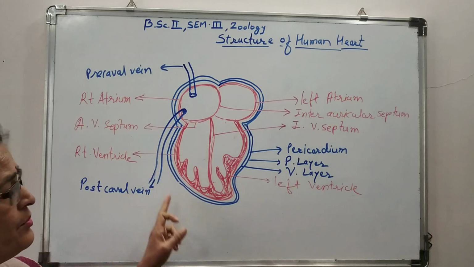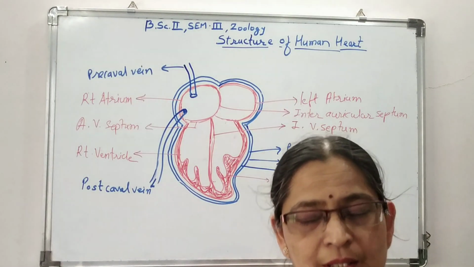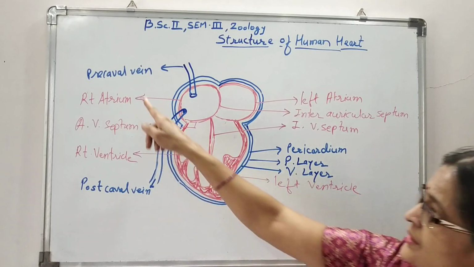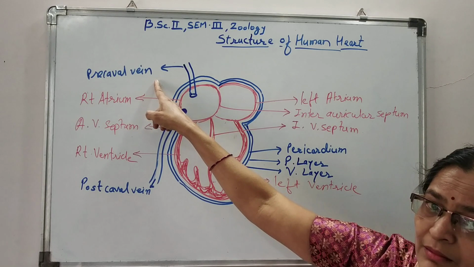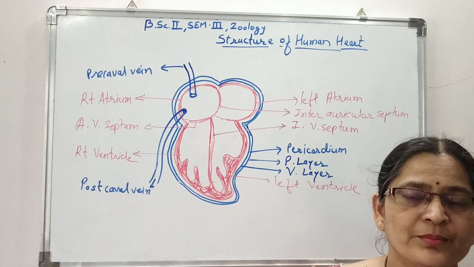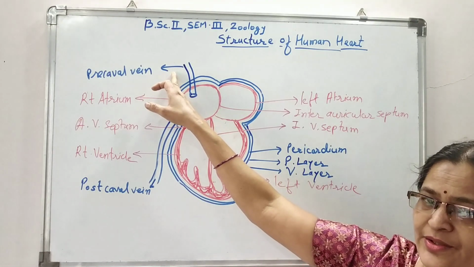These are the two major blood vessels which carry impure blood or deoxygenated blood to the right auricle. This precaval vein receives blood from the upper region of the body, especially from the head region.